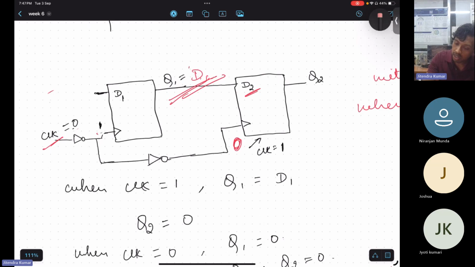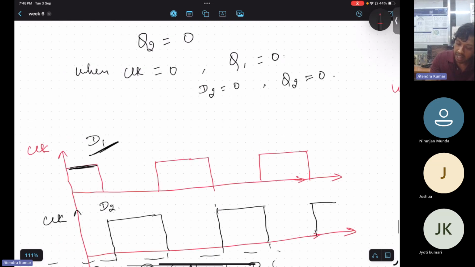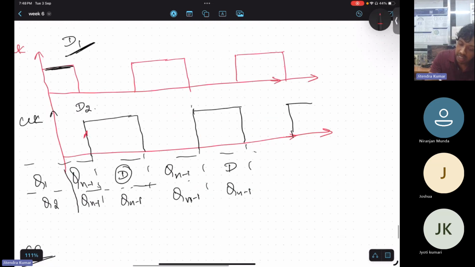Whatever the clock is going to the second flip flop, the same is getting as input. जो भी यहाँ पे क्लॉक का सिग्नल है 0, वही इनपुट भी है 0, राइट? एंड सेकेंड क्लॉक वैरी कर रहा है यहाँ पे, चेंज हो रहा है, डी कहाँ से स्टार्ट हो रहा है? यहाँ से, isn't it? Corresponding to D2, is this falling or rising?